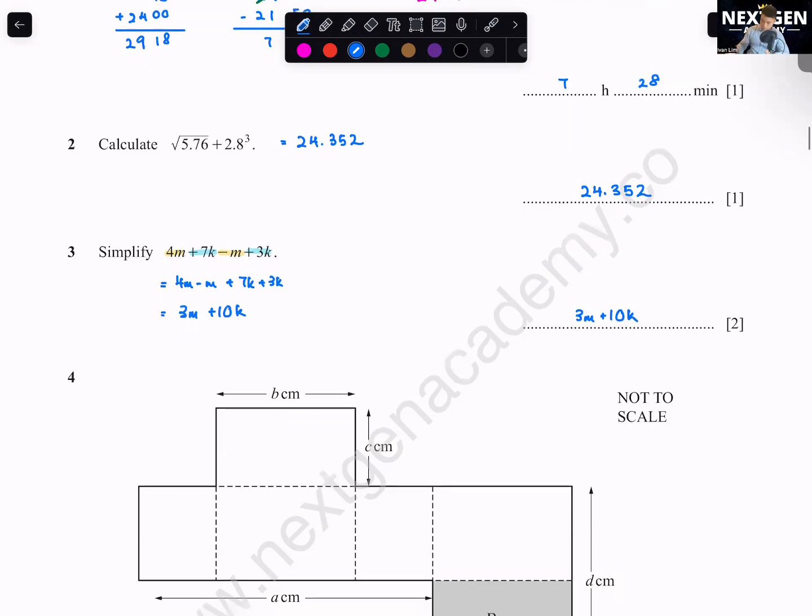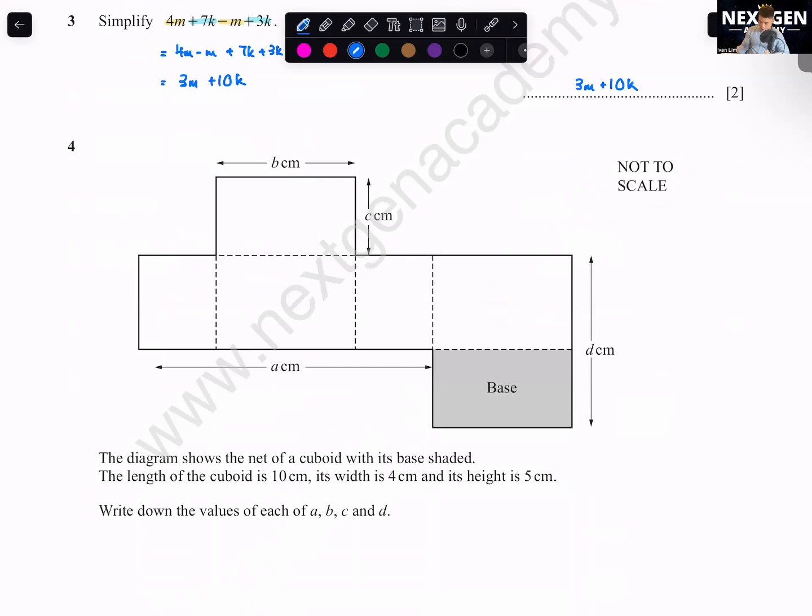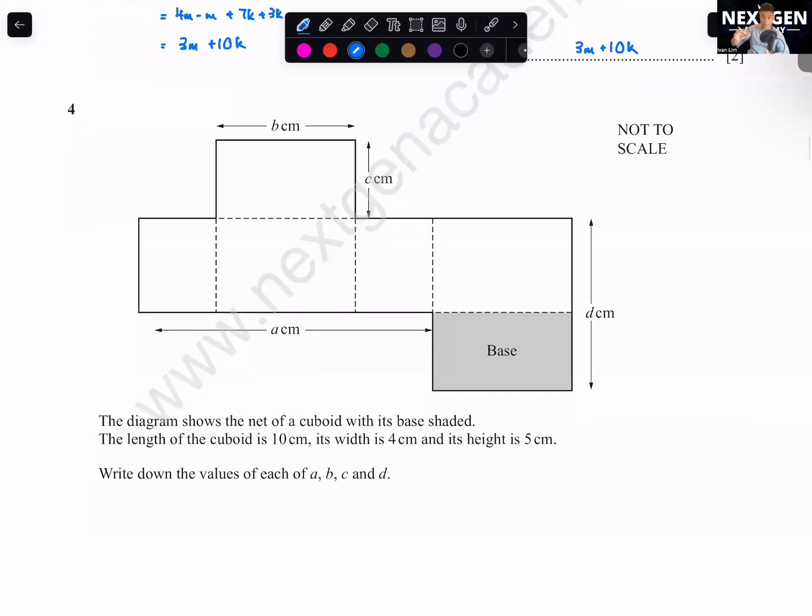Next one. The diagram shows the net of a cuboid with its base shaded. The length of the cuboid is 10 cm, its width 4 cm, and its height 5 cm. Write down the values of A, B, C, and D. Do you all know what a net is? A net is a 3D shape cut out and laid out on a flat surface, making it 2D.